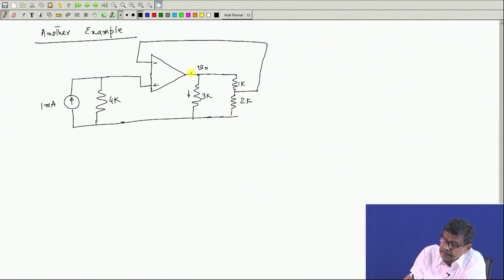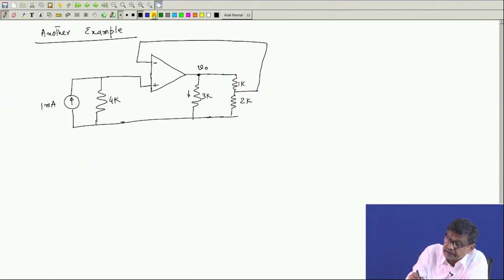Can there be any current here? I do not know, because this is not the input terminals. But what I know is this output voltage, whatever it is. The current here is 0, no current will be drawn by the input, therefore there will be no branch of current at this point.